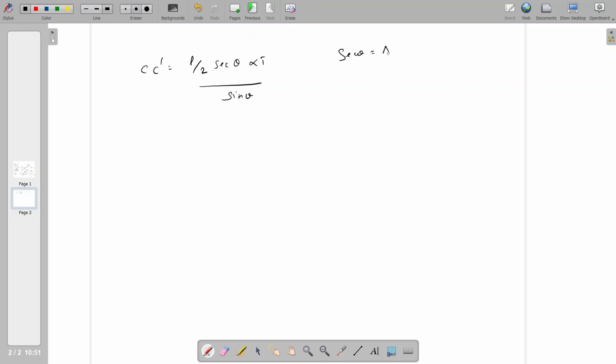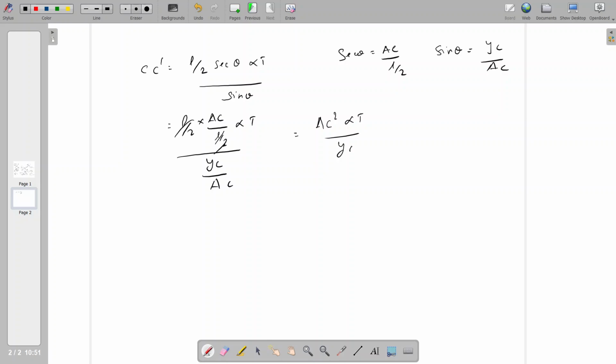Substitute here: L by 2 into AC by L by 2 into alpha T by YC by AC. So we can remove the L by 2 term, and AC square alpha T by YC is C C dash.